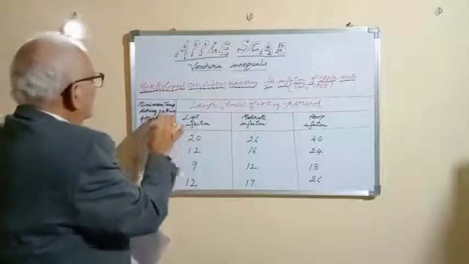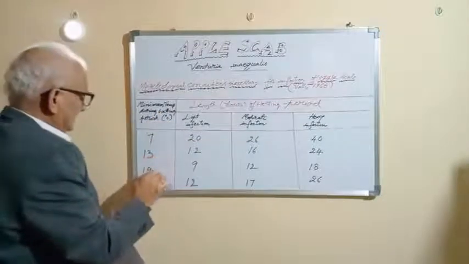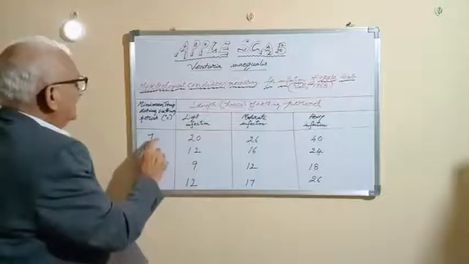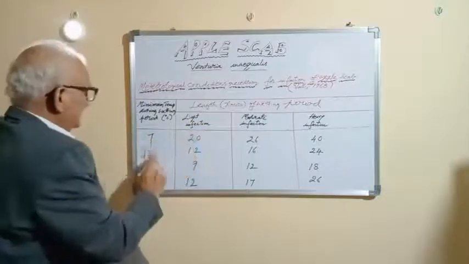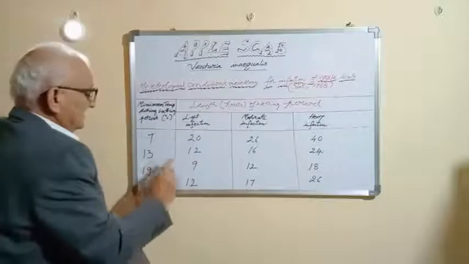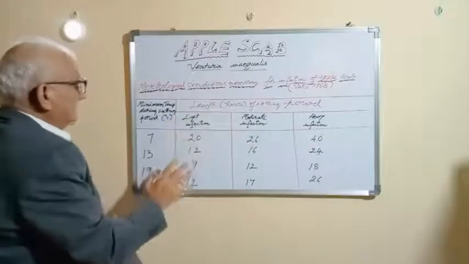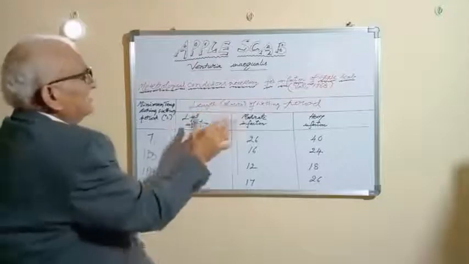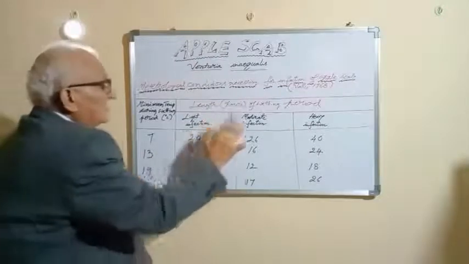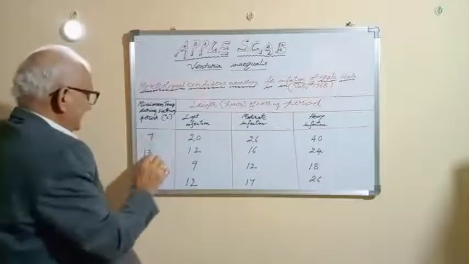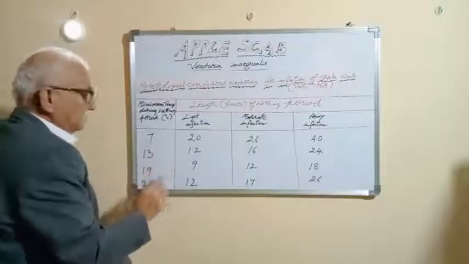Now, if the minimum temperature is 7, 13, 19, 25, for example, light infection occurs for 7 degrees centigrade at 20, 13 at 12, 19 at 9, 25 at 12. So that means the light infection length is this many hours. For moderate infection, 26, 16, 12, 17 for 7, 13, 19, 25.